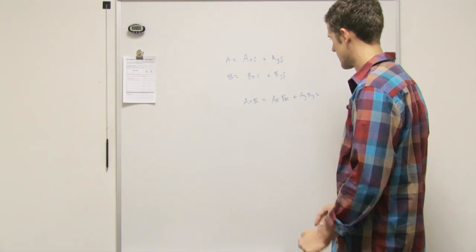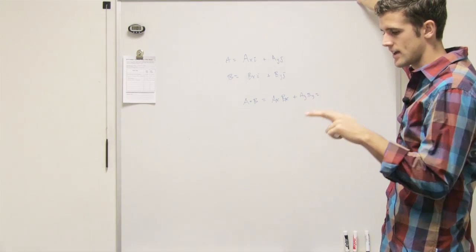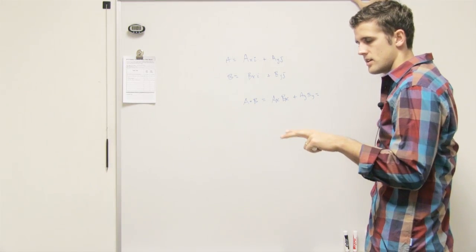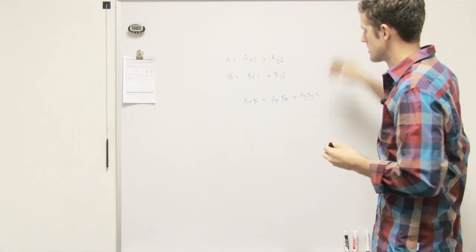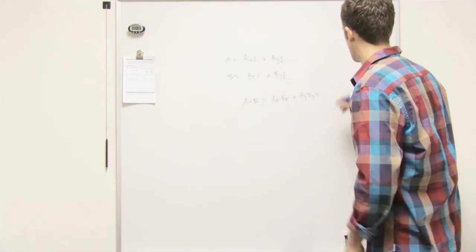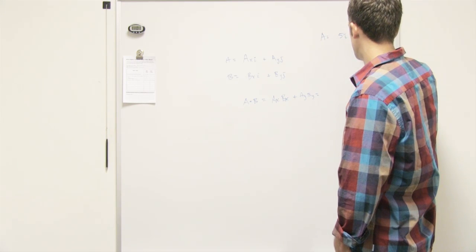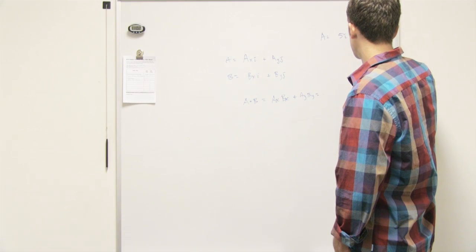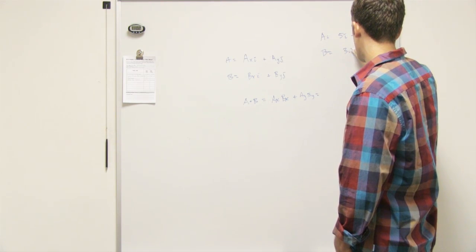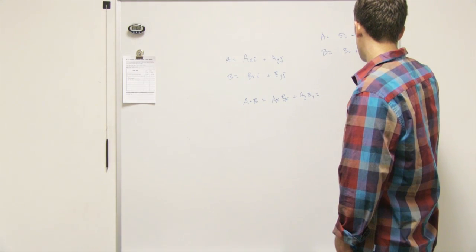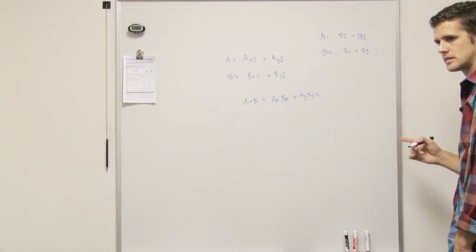You just need to know that to do a dot product with vectors, you take the x components and multiply them together. You take the y components and multiply them together. And you just add those two together. So if you were given vector A of 5i minus 10j, vector B is 3i plus 5j, what would the dot product be?